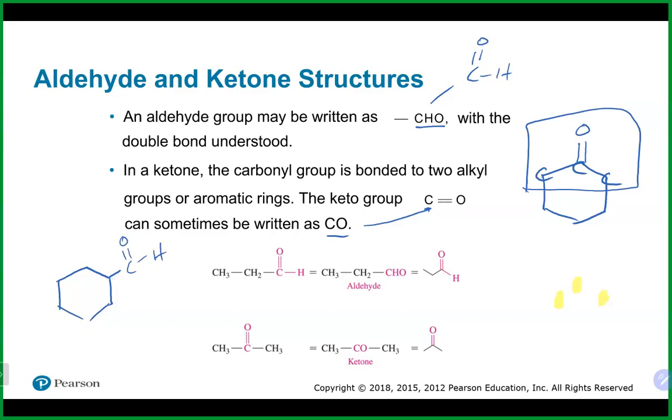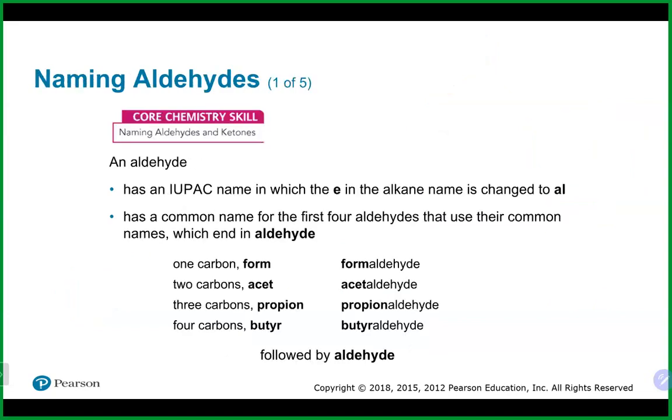Otherwise we're going to run into some trouble with that hydrogen at the end of that group having too many bonds. So we definitely could have cyclo versions of these or ring type structures of these as well. So let's talk about naming aldehydes first.